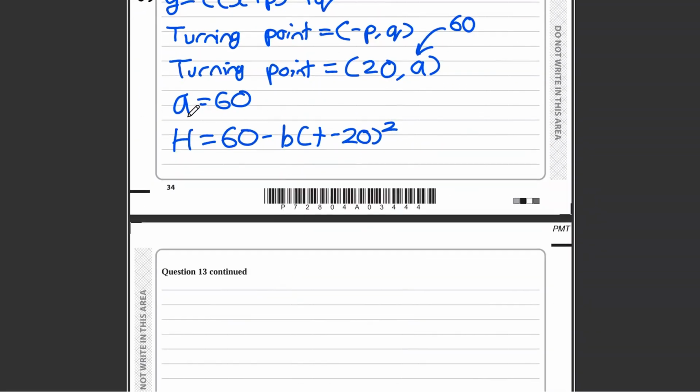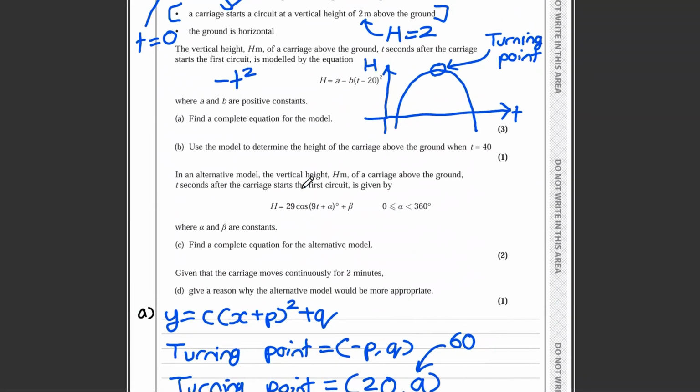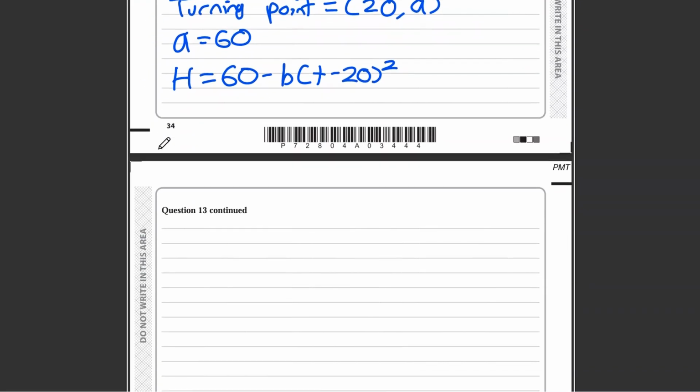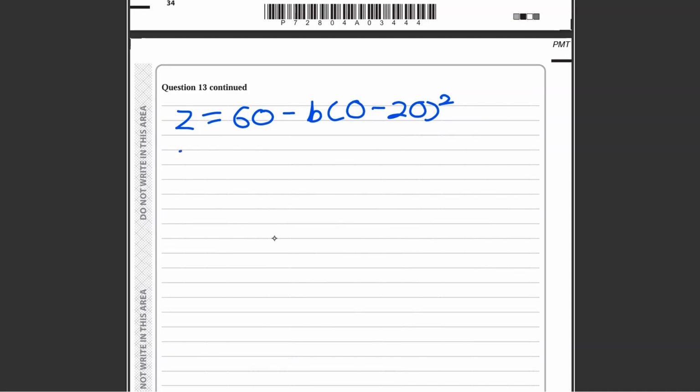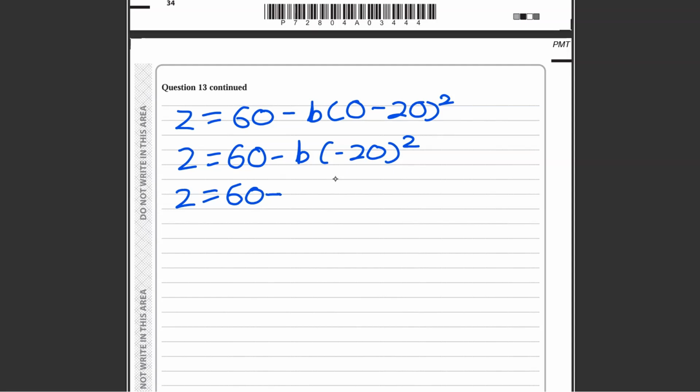So therefore what we're going to do is sub into this equation h is equal to 2 and t is equal to 0. So 2 is equal to 60 minus b, and then instead of t here we've got 0, and then minus 20, squared. Okay, so this is going to be 2 is equal to 60 minus b. 0 minus 20 is just minus 20, and it's squared, so it's 2 is equal to 60, and then we've got this minus 20 squared, which is going to be 400, so it's going to be minus 400b.